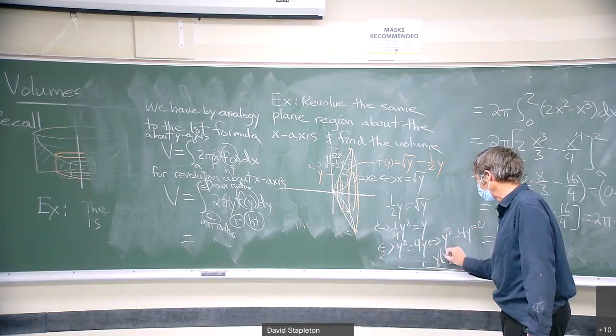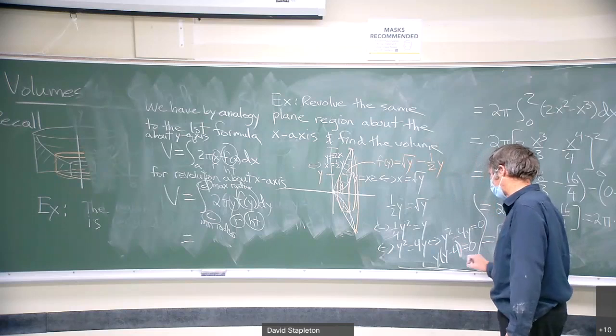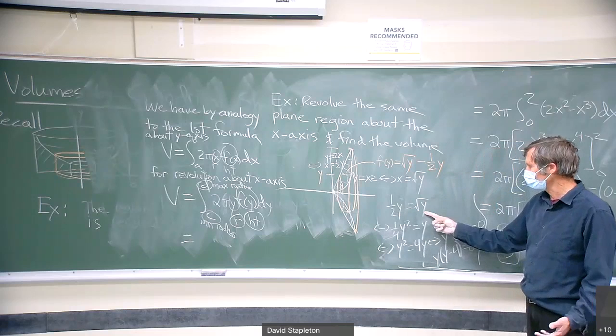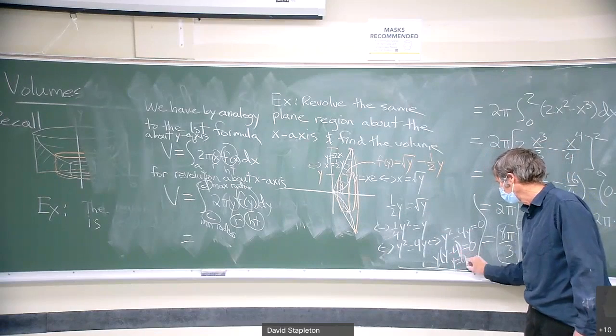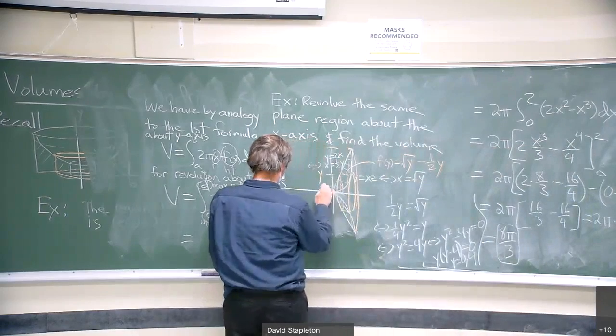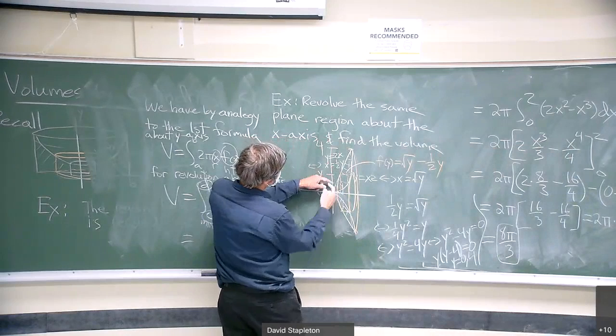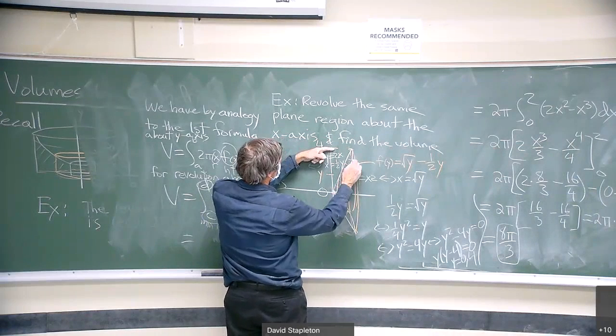Evidently, y times y minus 4 equals 0. Using algebra, we set these two things equal and solve, and we got y equals 0 and 4. So x went from 0 to 2 along this axis. Y goes from 0 up to 4. The maximum cylinder radius is 4. You can think of filling the thing up with cylinders. Here's another cylinder at this point, right?